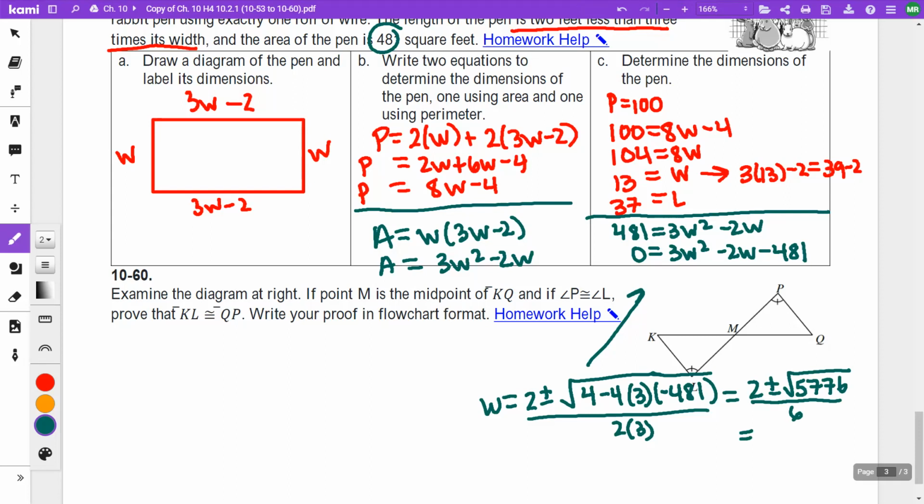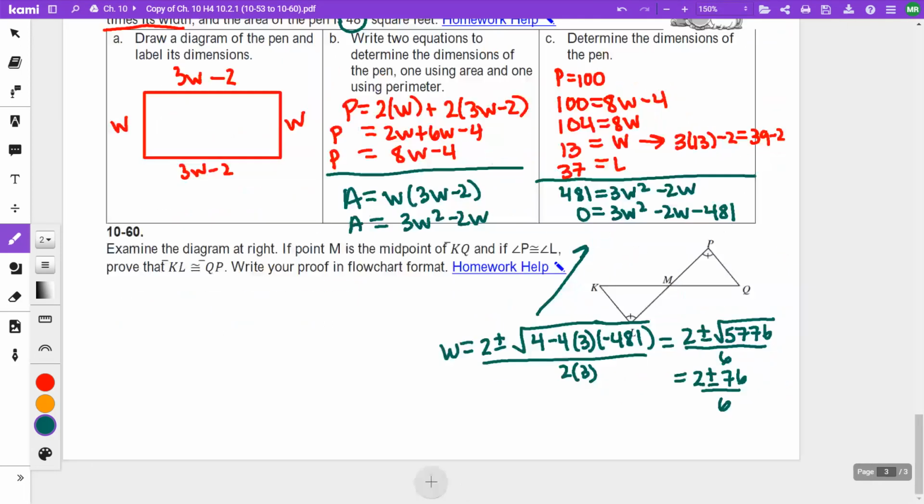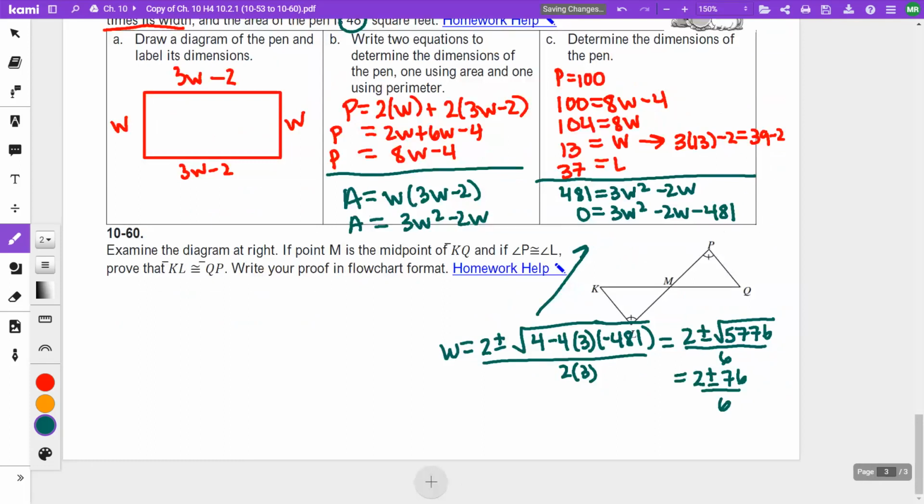And when I take the square root of that, 5,776, the square root of that is 76. So I get 2 plus or minus 76 over 6. So when I go to plus, I get 78 over 6.